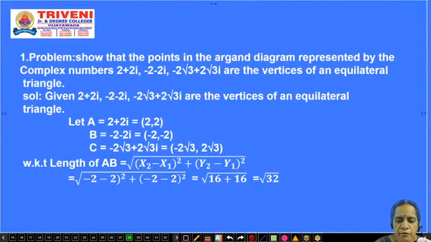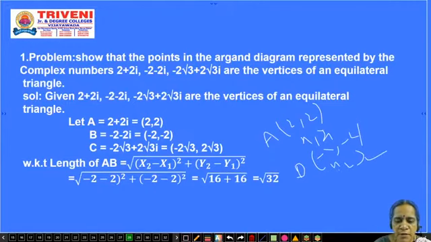First we have to find the distance AB. All of you know the distance between two points is the square root of (x2 minus x1) whole square plus (y2 minus y1) whole square. What is the value of A here? 2 comma 2, that is x1, y1, and B is minus 2 comma minus 2, that is x2, y2.